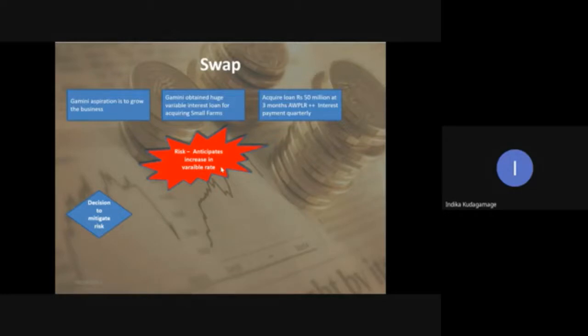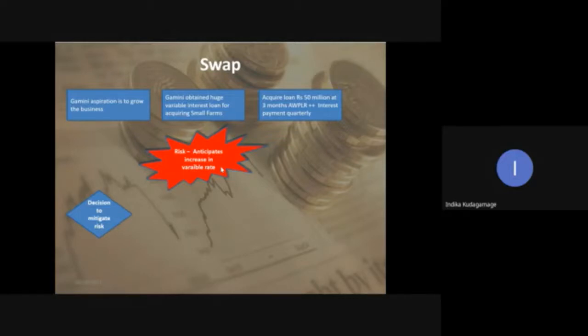Mr. Pereira will pay the interest for 50 million at Gamini's variable rate, and Gamini will pay the interest at Mr. Pereira's fixed rate. So, Mr. Pereira had the fixed rate, Gamini had the variable rate. So, they will come into agreement. We will pay the capital as it is, but you need to pay my interest and I will pay your interest.